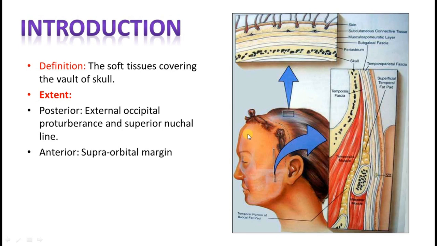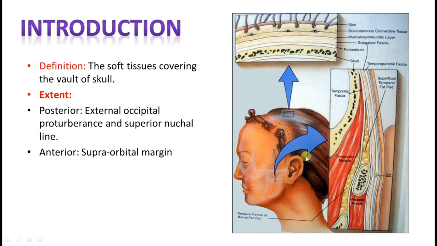Since it extends up to the supraorbital margin, there is of course an overlap of the region of the scalp and your face. The forehead region belongs to both the scalp as well as your face region. So posteriorly, external occipital protuberance in the midline and superior nuchal lines on either side.